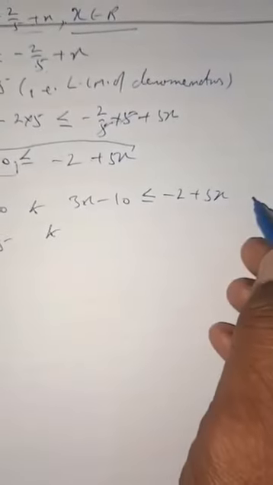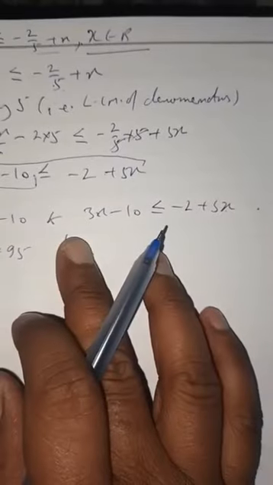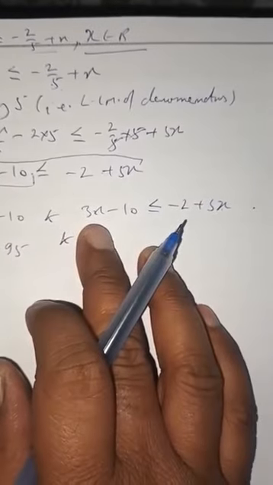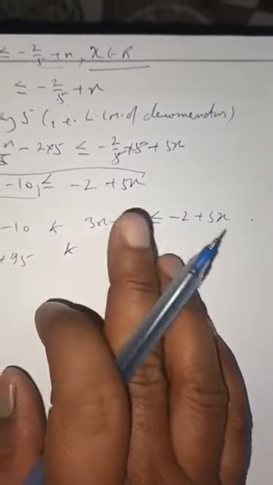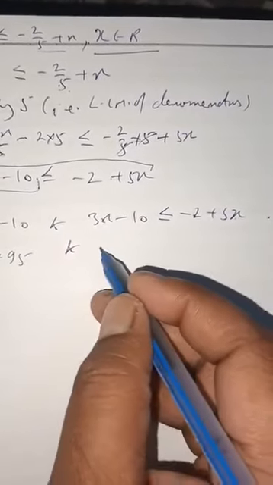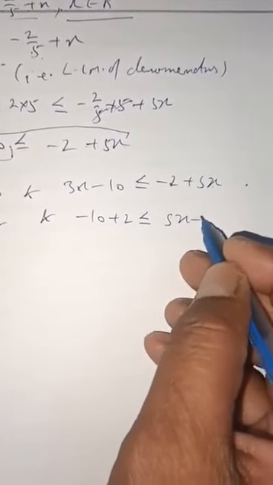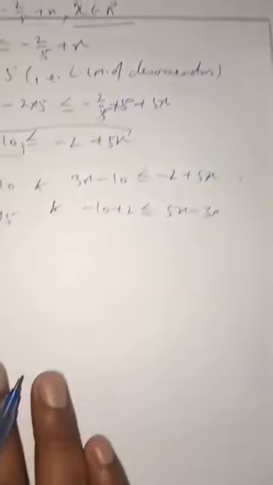And in this one take 3x to this side, in place of taking 5x to this side, because if we take 5x to this side, then we will get x with minus sign, that we don't need. So take 3x to this side and minus 2 to this side. So minus 10 plus 2 is lesser than or equal to 5x minus 3x.